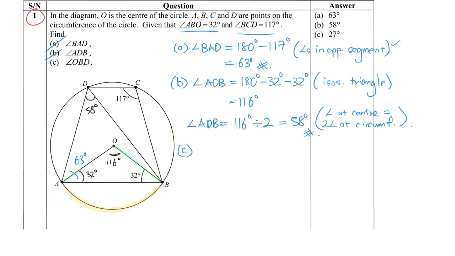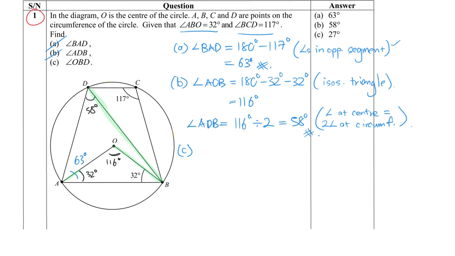OBD, a weird looking one. So technically, you realize that it doesn't go to any arc or any chord specifically. So we're going to have to use our wits a bit to try and figure out how to find OBD.